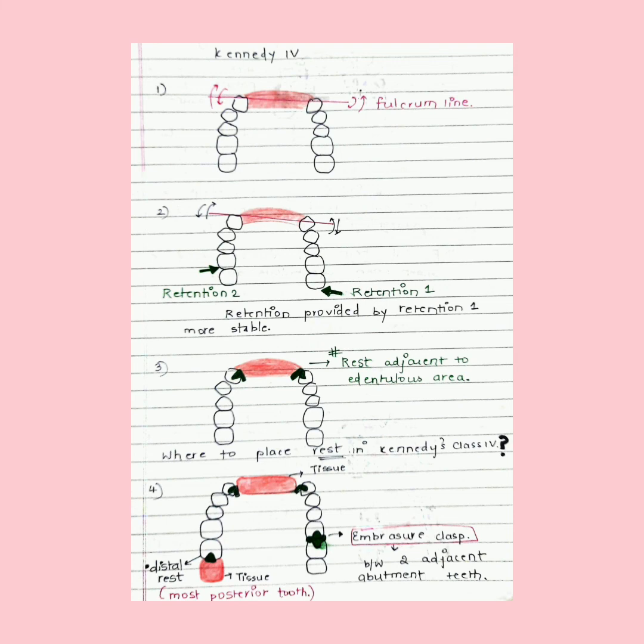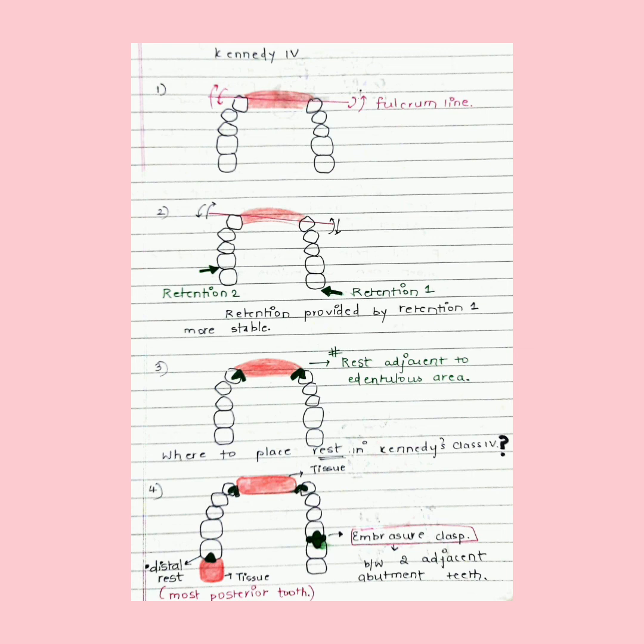The direct retainer placed farthest provides more stability. If you see in the diagram, the retention provided by retainer 1 is more stable than retention provided by retainer 2. We know this principle of our design that we place rest adjacent to edentulous area. So again, even in Kennedy's class 4, we'll place rest adjacent to edentulous area, that is on both the canines.